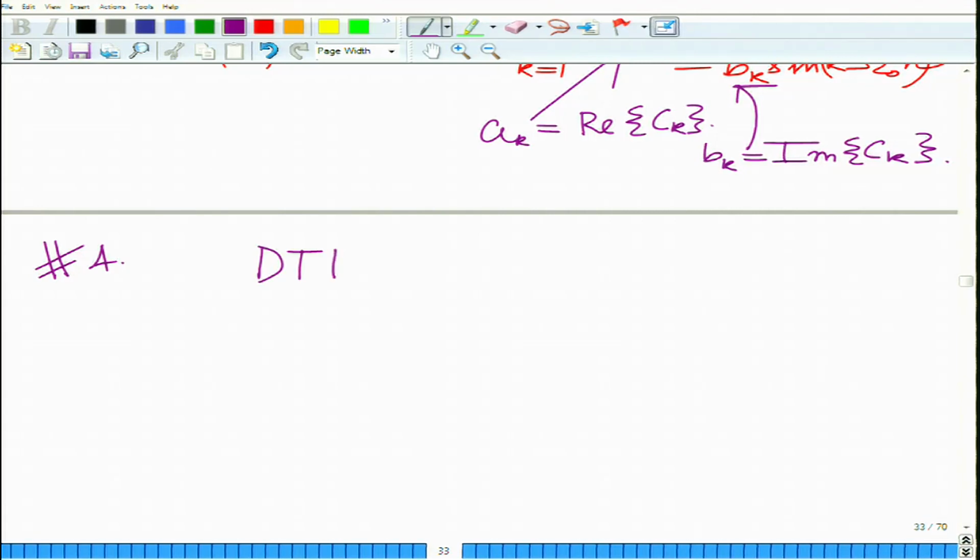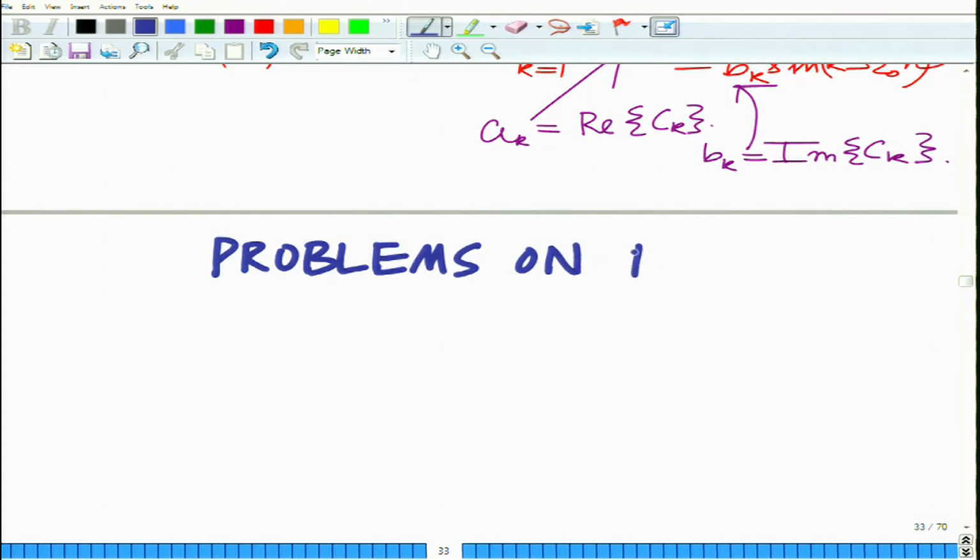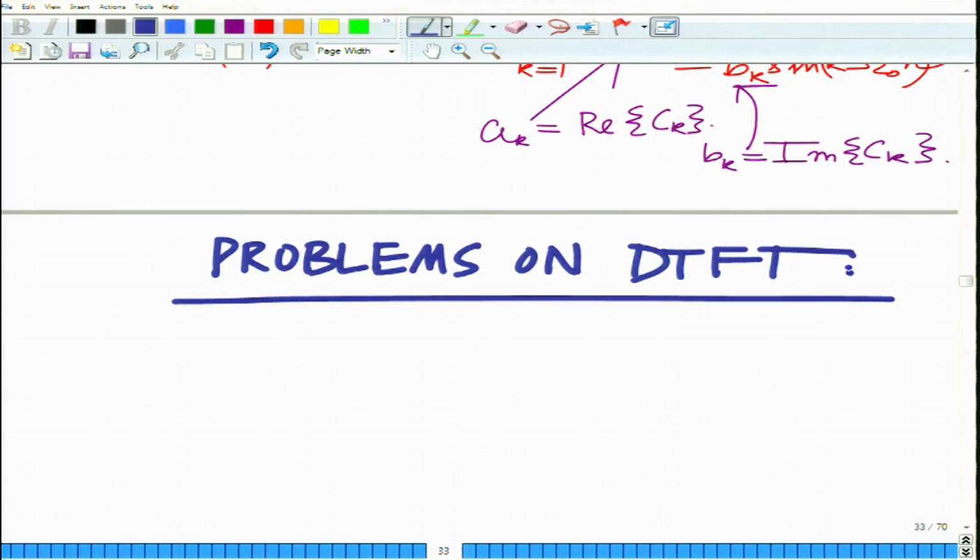Find the discrete time Fourier transform. So, now we are entering problems on discrete time Fourier transform. We completed the Fourier series. These are the problems on DTFT, this is number 4.